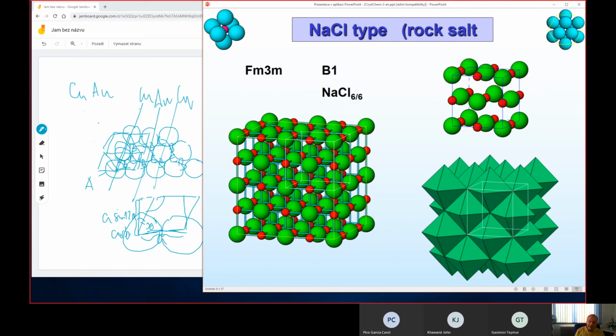D corresponds to ternary compounds and so on. And the number is just an index, so it has no special meaning. It is just a convention that B1 is the rock salt. Let's say A1 would be, I think, cubic or hexagonal close packing corresponding to either copper or magnesium metal, which are the prototypes of these structure types.